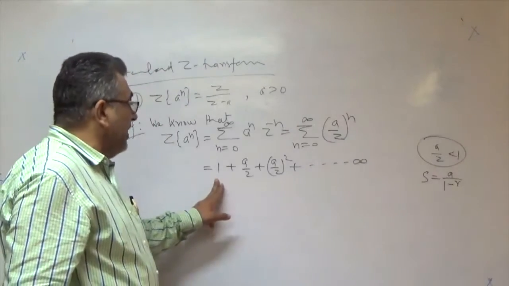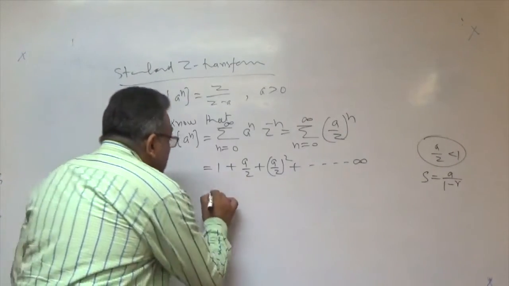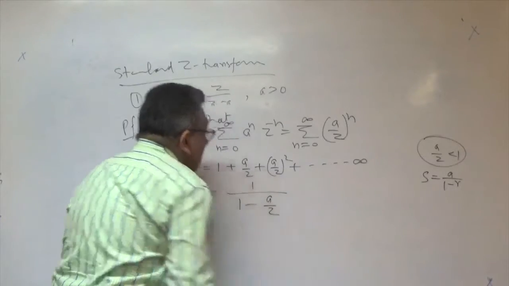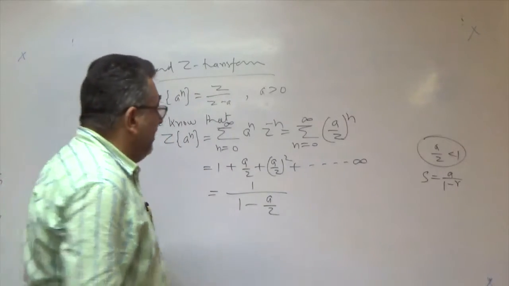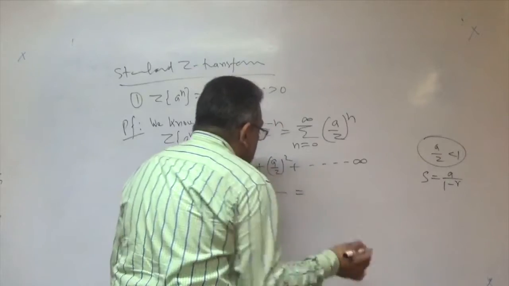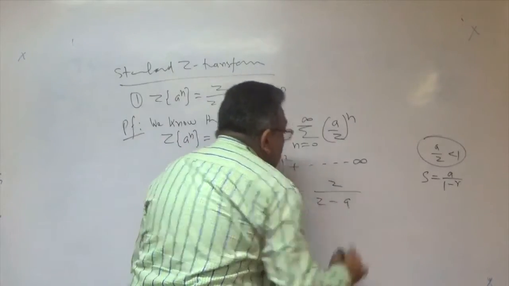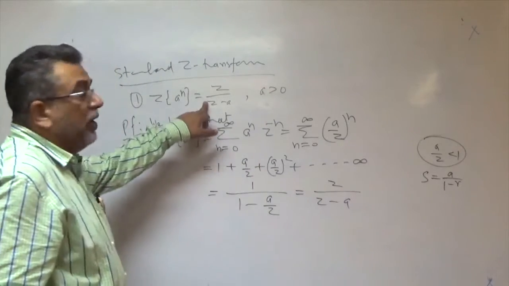Here the first term is 1 and the common ratio is a upon z, so its sum is 1 upon 1 minus a upon z. If you take the LCM of the denominator, finally we get z upon z minus a. That is your required result.